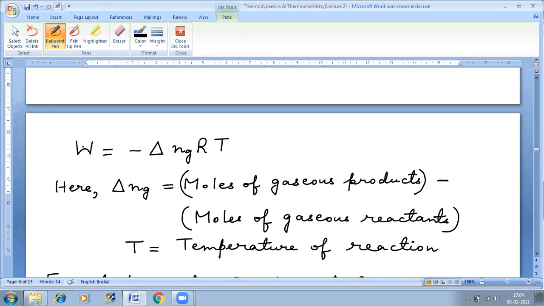Now, what is this delta Ng? Let's understand this. Delta Ng is moles of gaseous products minus moles of gaseous reactants. Now, if I give you a chemical reaction like this, let's say this is the reaction.